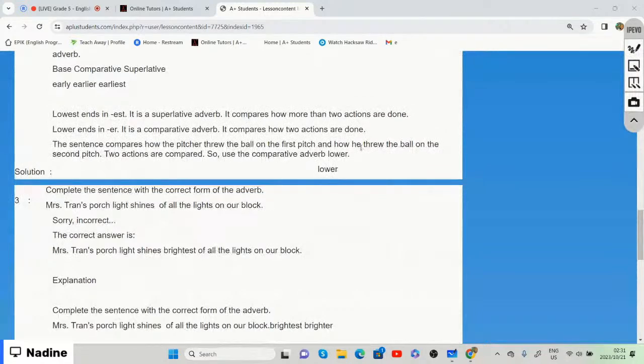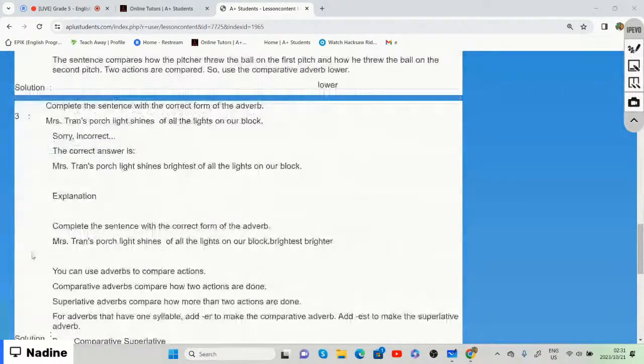All right. Mrs. Trans's porch light shines, so basically shines bright, of all the lights on her block. So if they're saying of all the lights, then we already know superlative, right? Because she's comparing it to all of the lights on the block.